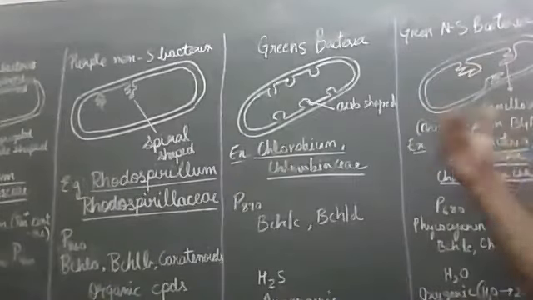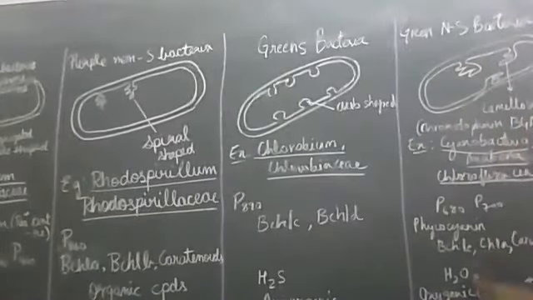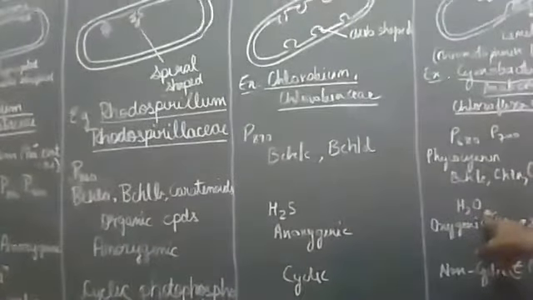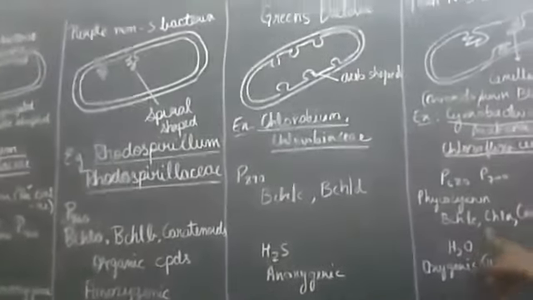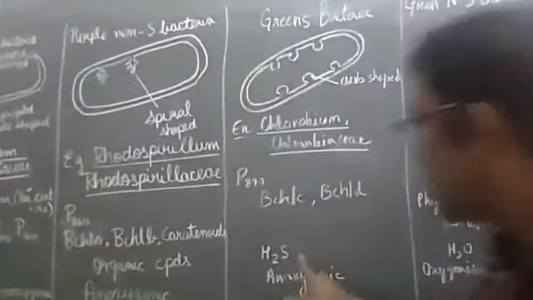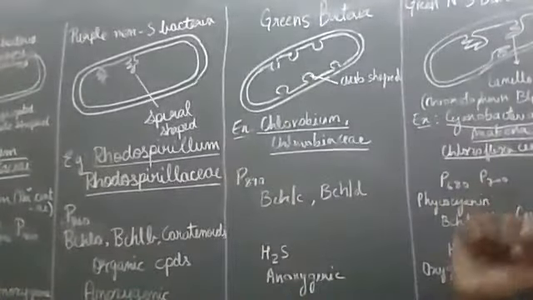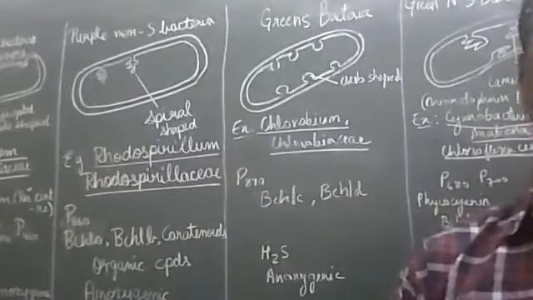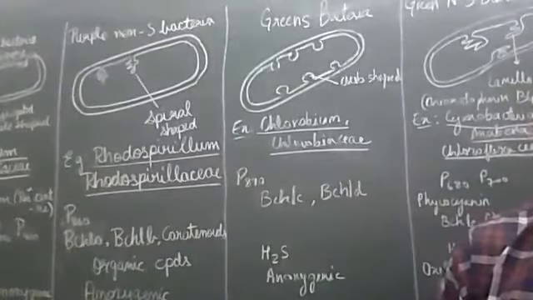How to justify this? You can justify it by seeing your table, in the fourth point somewhere. They use water. Plants also use water. Why are we stressing this, H2S, water? You can see in your columns, H2S is written, water is written.